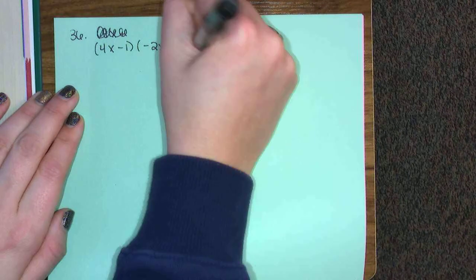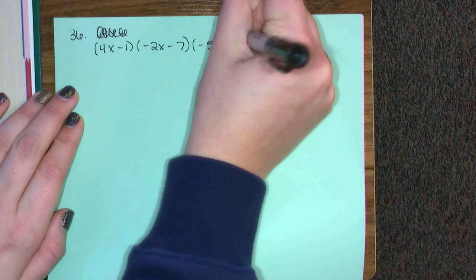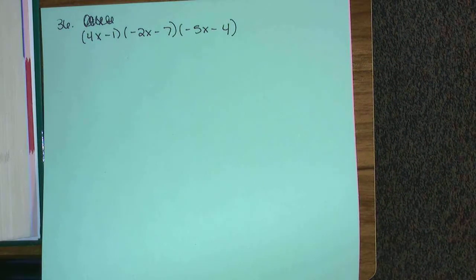4x minus 1, negative 2x minus 7, negative 5x minus 4. This is as hard as they get, if you can do this one. I mean, I guess you can. I would rather you use x if x is already given to you.